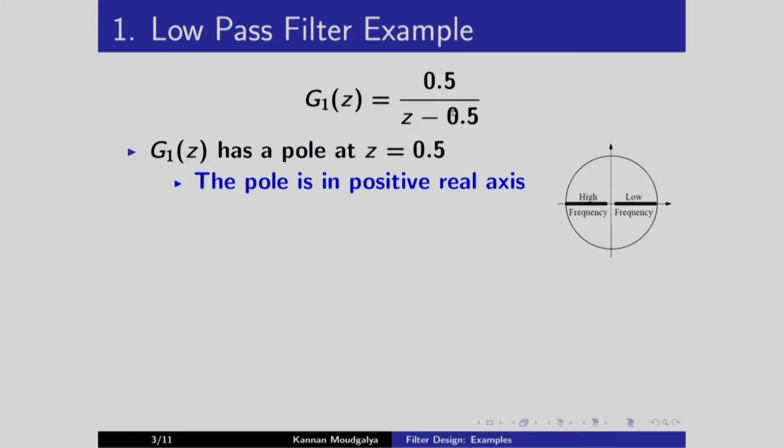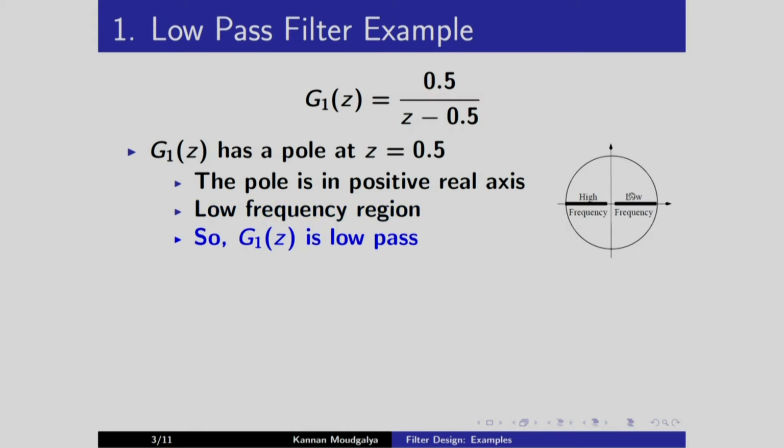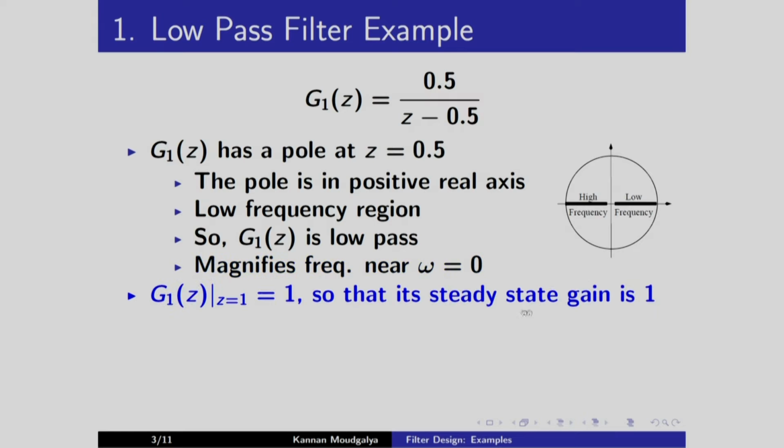The pole at z equals 0.5 is in the positive real axis, which is the low frequency region. So g1 is low pass, it magnifies frequencies near omega equals 0. The steady state gain of g1 is 1.